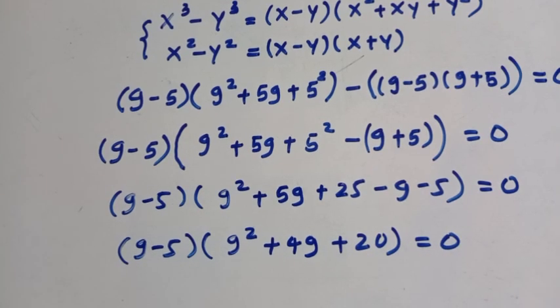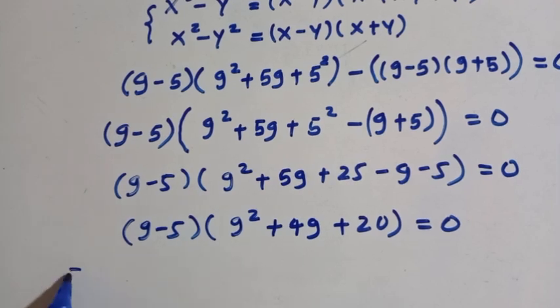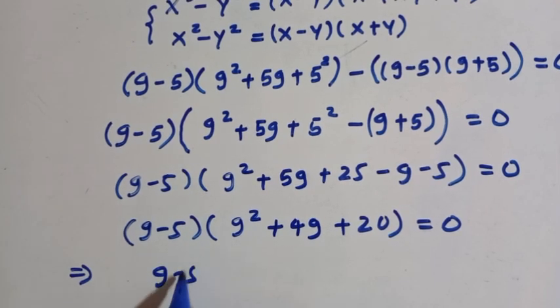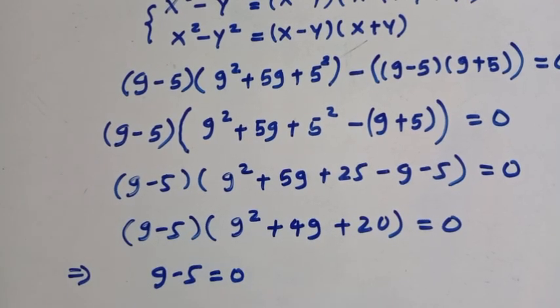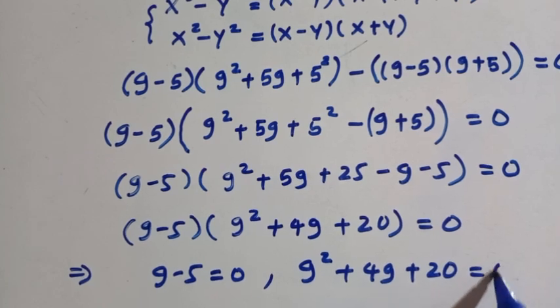And for this expression to be equal to 0, it means that we are going to let g minus 5 equal 0, or we let g squared plus 4g plus 20 equals 0. So there are two cases here which we are going to solve, and let's see how we can get the value of g.